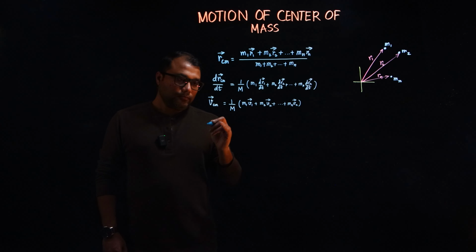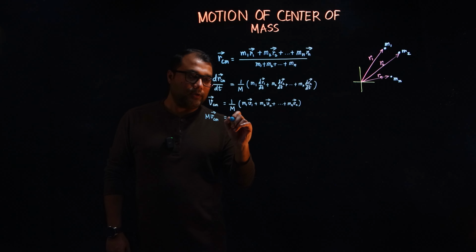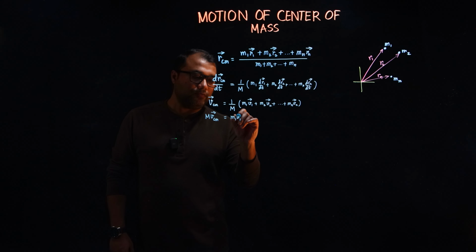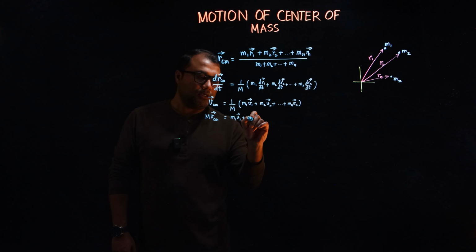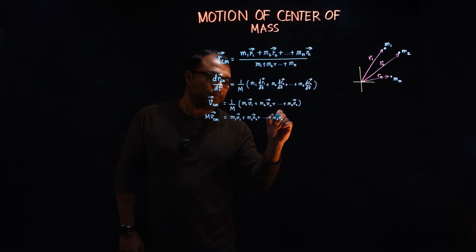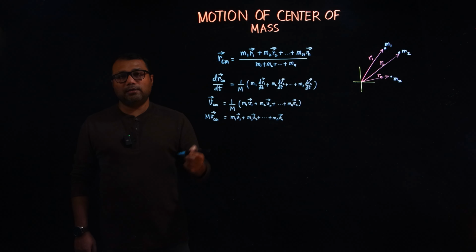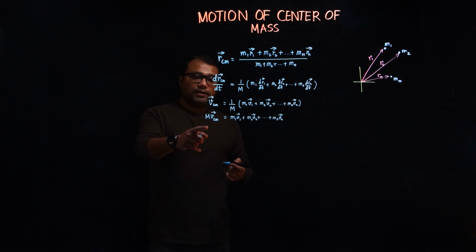Now, if I move this term on the other side, M Vcm we can write as M1 V1 plus M2 V2 up to Mn Vn, okay. Now this is also a familiar term. What is this?